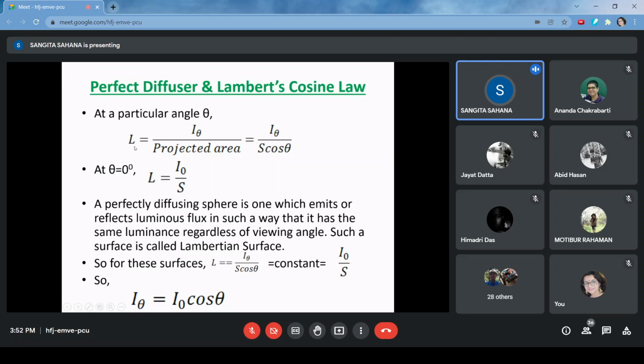As we know, L is I by A, intensity per area, candela per meter square. So it is I theta by the projected area, I theta by S cos theta. At theta 0, L is I 0 by S. At any other angle, it will be I theta by S cos theta. For any Lambertian surface, this I theta by S cos theta is the same, so it equals I 0 by S. The S cancels, so we can write I theta equals I 0 cos theta.